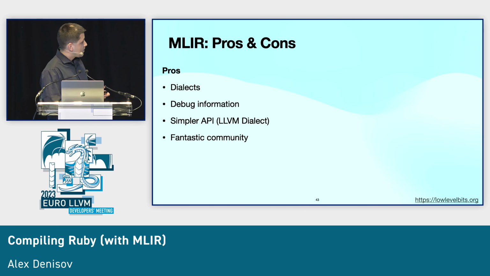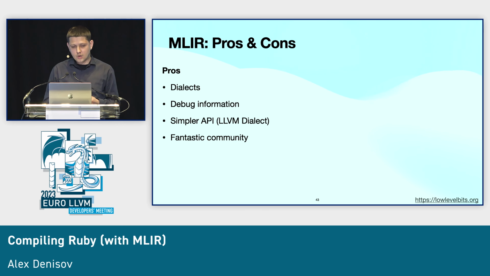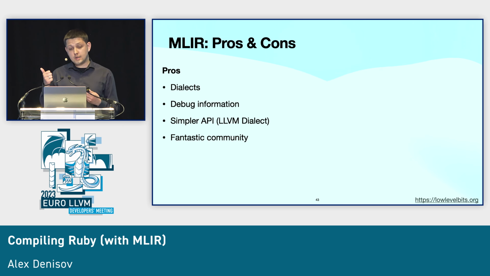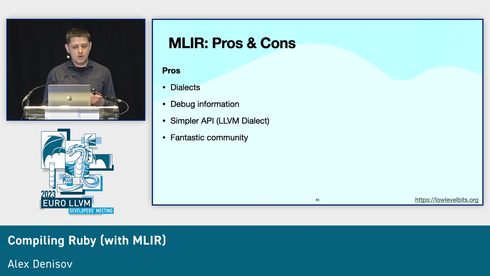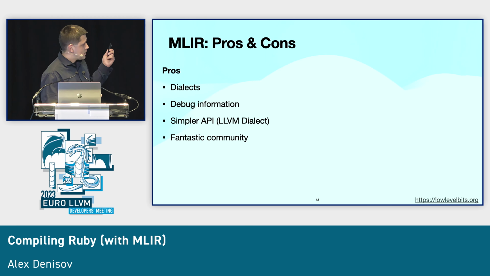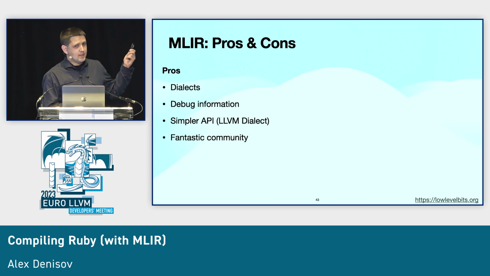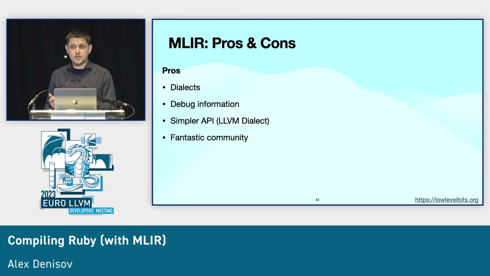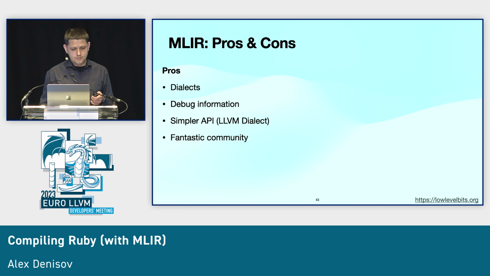Yeah, we're running out of time, so I'm just going to quickly go through the pros and cons of MLIR. In my opinion, the cool thing is dialects. You can design a nice IR for your specific domain, which is cool. Debug information: I didn't need to deal with the debug information generation for the executable, but I just got it out of the box from MLIR because I provided those locations for operations.